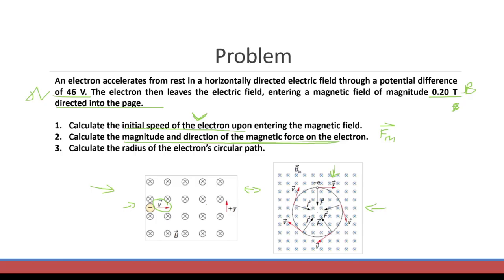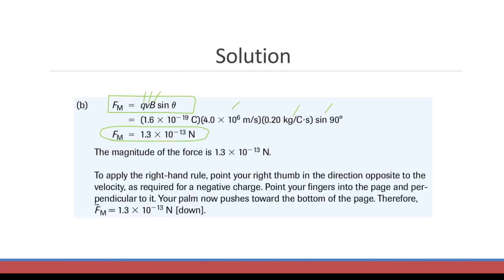It's negative, so we do our little flip, and our thumb goes the other direction, making our palm face down, and that makes our palm, our F force, point in this proper direction for this particular V. And so we do say that our palm now pushes down toward the bottom of the page, and therefore the magnetic force is Fm, 1.3 times 10 to the negative 13 newtons down.